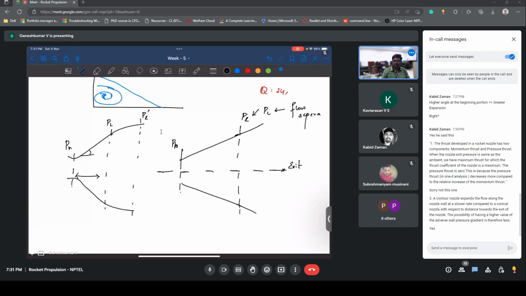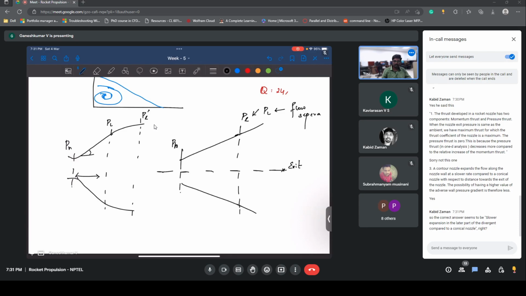Yeah, that is true. But in the question, it's been asked that higher expansion in the later part of the divergent compared to the conical nozzle. It should be slower expansion at the later part of the divergent. But yeah, whatever Sir wrote is also right.